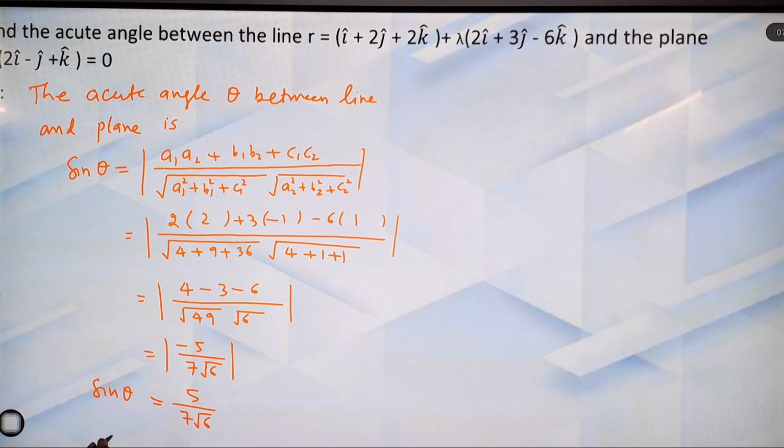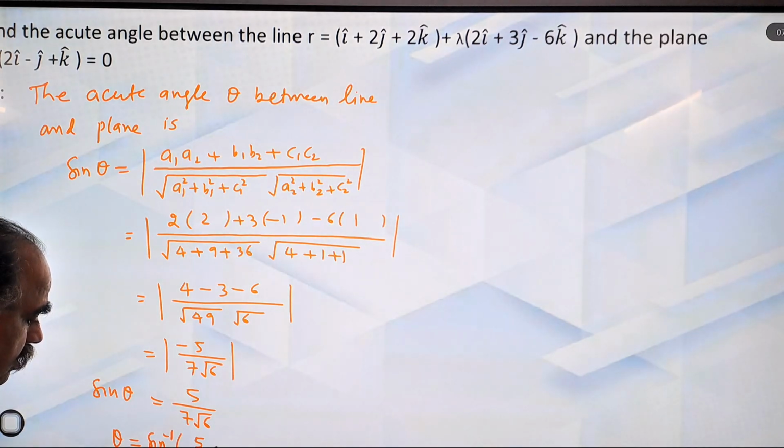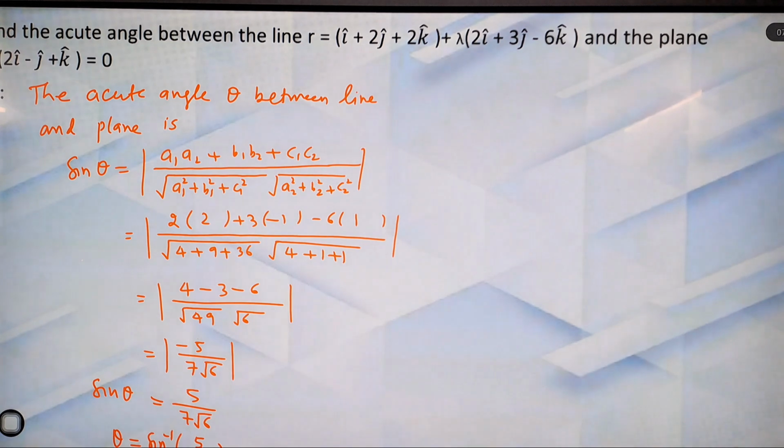So theta is sin inverse of 5 upon 7 root 6.